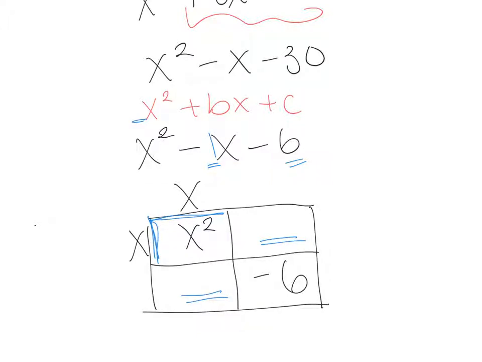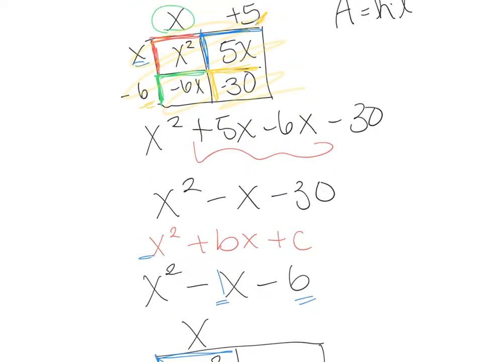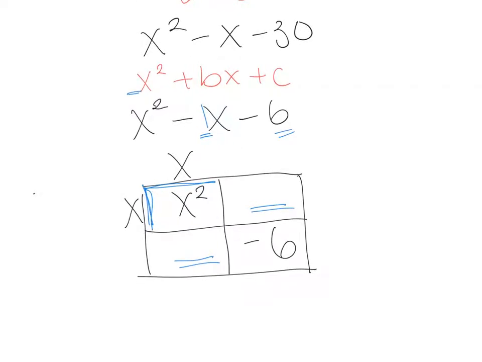And whatever's going to go right here, let me put in the same color as I had above. Let me scroll up really fast. It was yellow. So to fill this box, this number and this number have to multiply together to get negative 6.